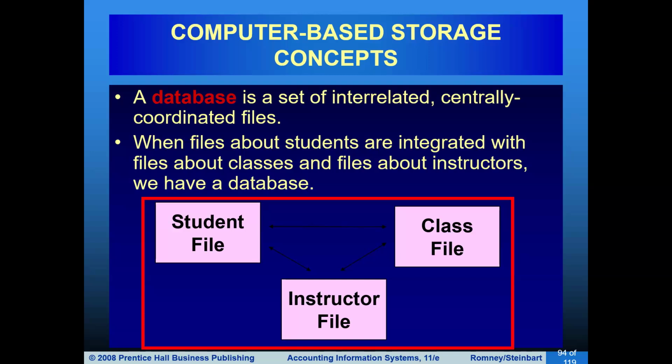Otherwise, database doesn't work. Right? Database is a set of interrelated, centrally coordinated files. When files about students are integrated with files about classes and files about instructors, we have a database.